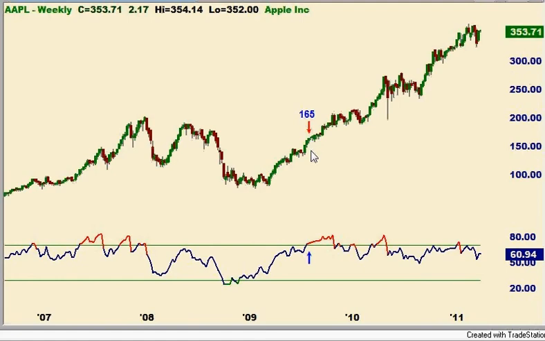Based on, again, just using a basic reversal system on the RSI. Obviously, there's no reversal pattern, no buy signal since then on the weekly pattern of the RSI for Apple.